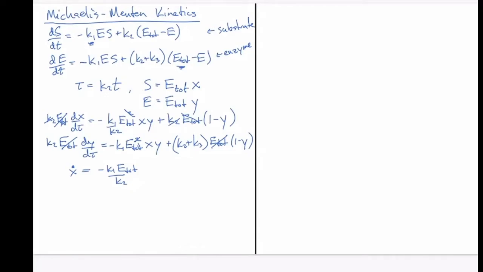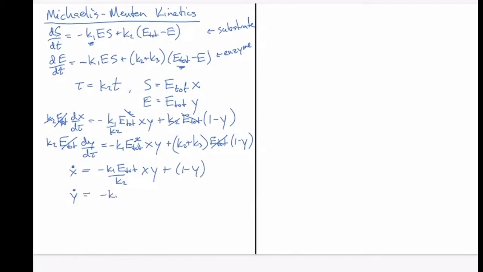So the times cancel, and the e-tote multiplying the K1 cancels the concentration units. So that's no dimensions. And then I have an xy plus, now the K2 is gone, and I just have 1 minus y.